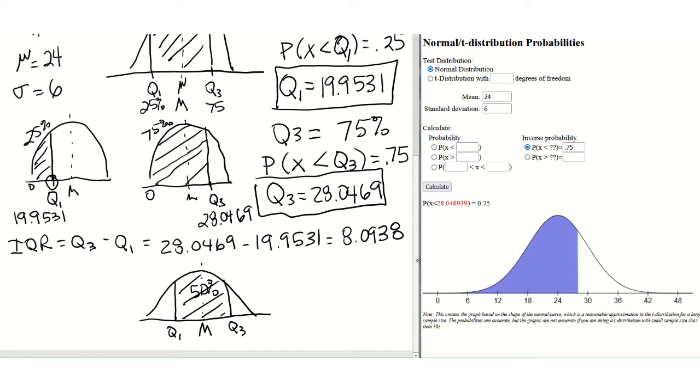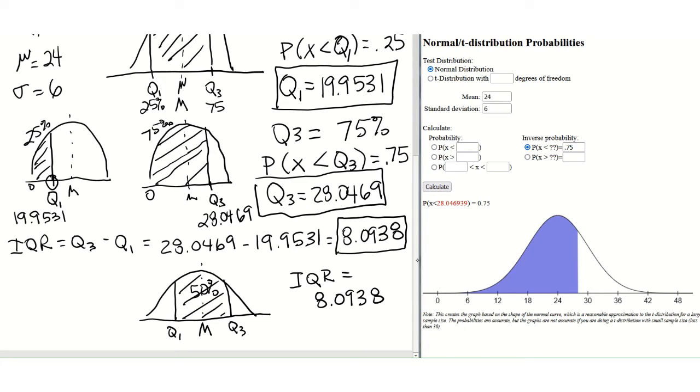That difference between those two values is going to be 8.0938. So my IQR is going to be 8.0938.